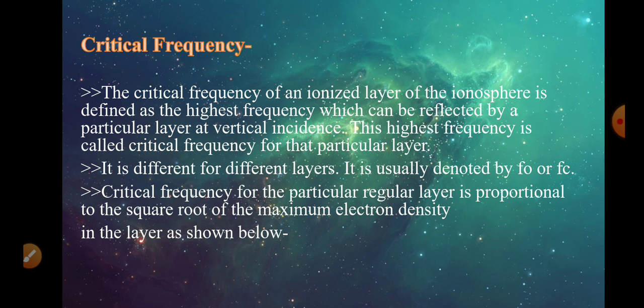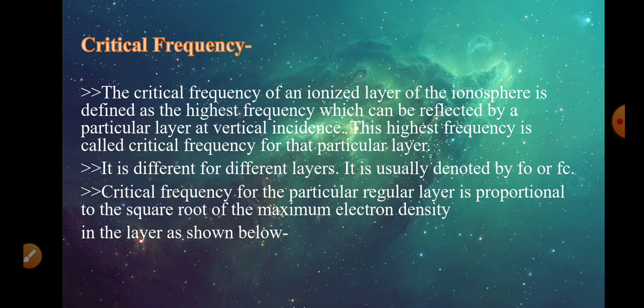So it is specific to the layer, as we already discussed in the ionized region, where we have the D layer, E layer, and F1 and F2. They have their own critical frequencies that vary from 100 kilohertz to 30 megahertz or above.